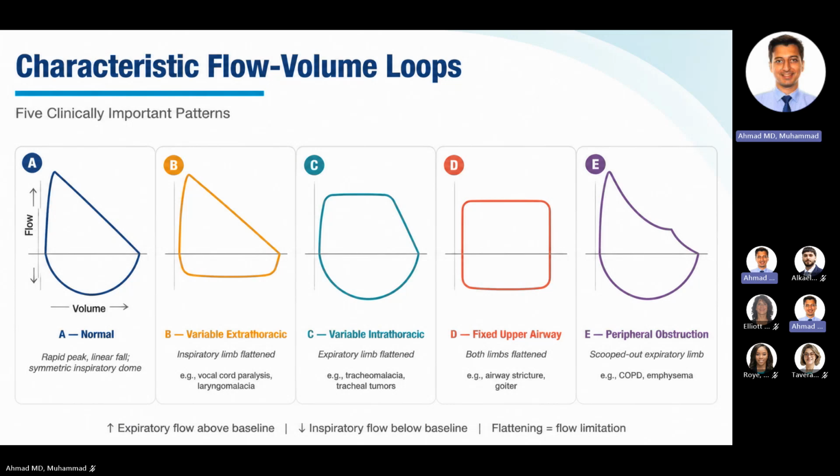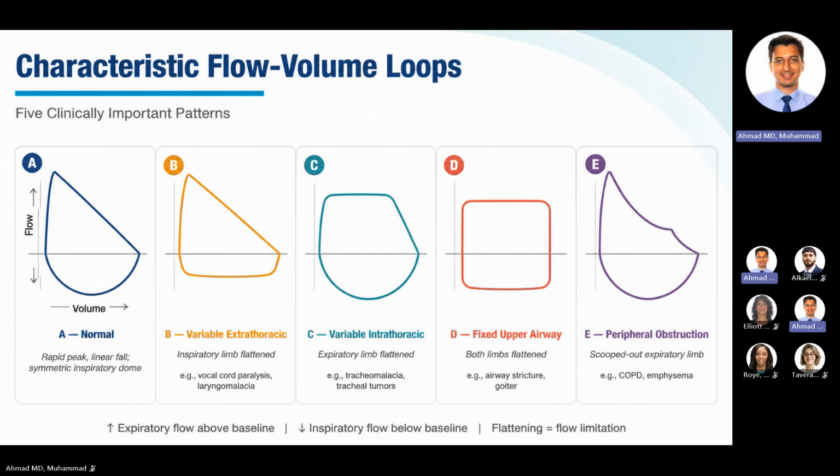In graph C, you have obstruction in the expiratory limb of the flow volume loop, which is a result of variable intrathoracic obstruction. Intrathoracic refers to what is in the chest. And so look at the trachea, look for tracheal tumors, but do not look for something which is completely occluding the trachea, but something which goes in and out, which means that there is partial occlusion, but not complete occlusion.